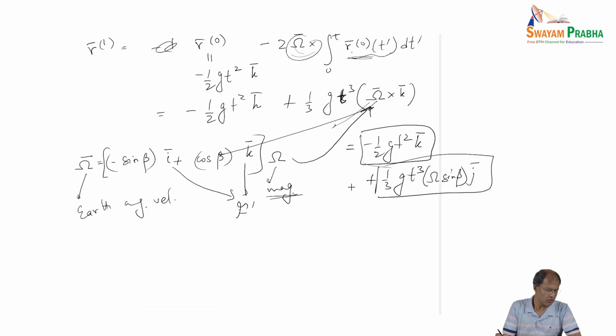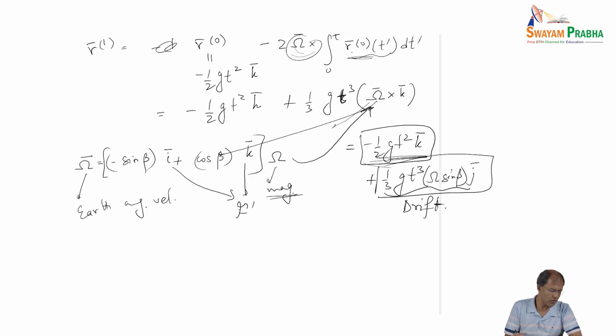This new quantity is the net horizontal movement of the object from the vertical. The vertical distance traveled is the first quantity, and the horizontal displacement due to the Earth's rotation is the second term. We call this the drift due to the motion of the Earth.